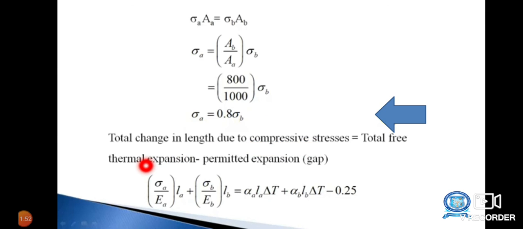So you can write the formula: sigma A by EA into LA plus sigma B by EB into LB is equal to alpha A LA delta T plus alpha B LB delta T minus 0.25. The minus 0.25 is the gap, the permitted expansion, that is the gap between the two materials.